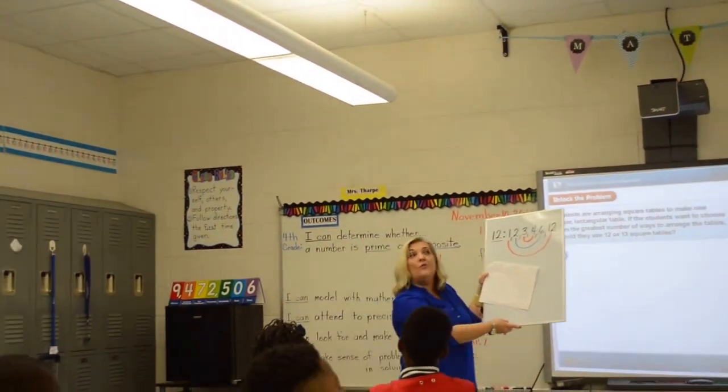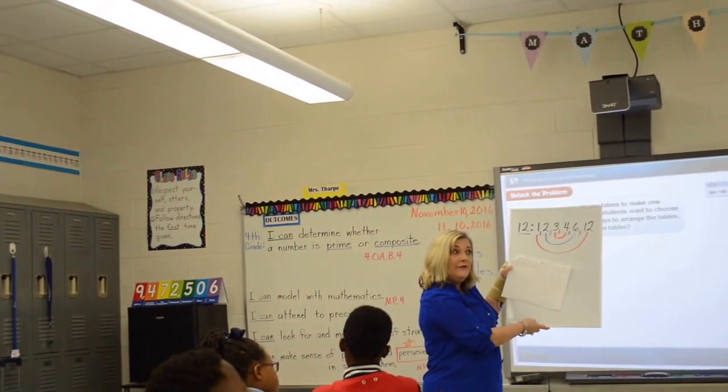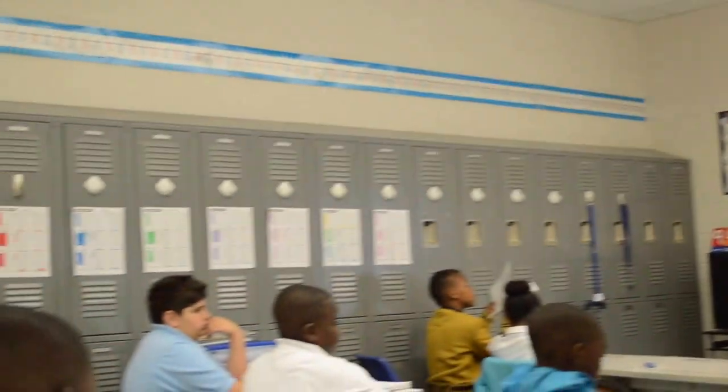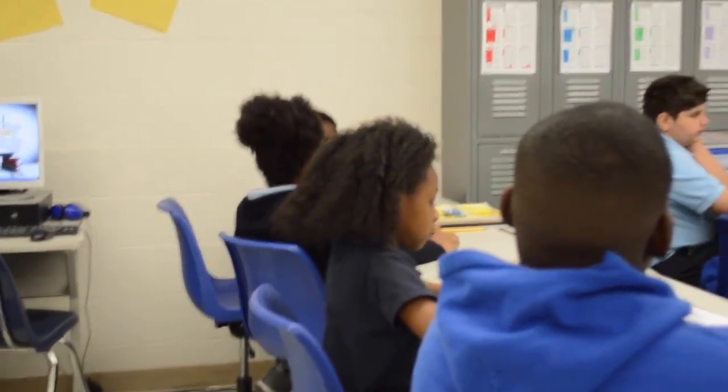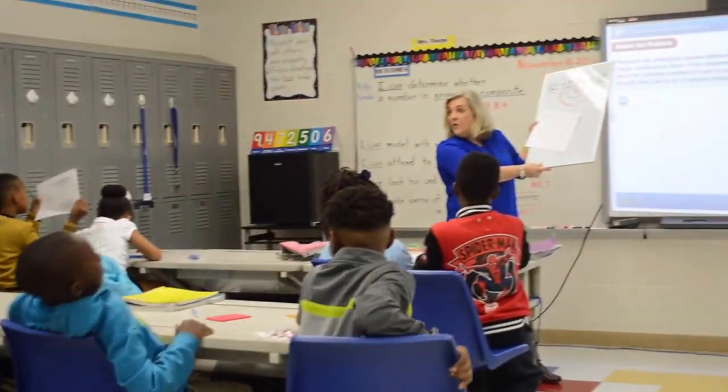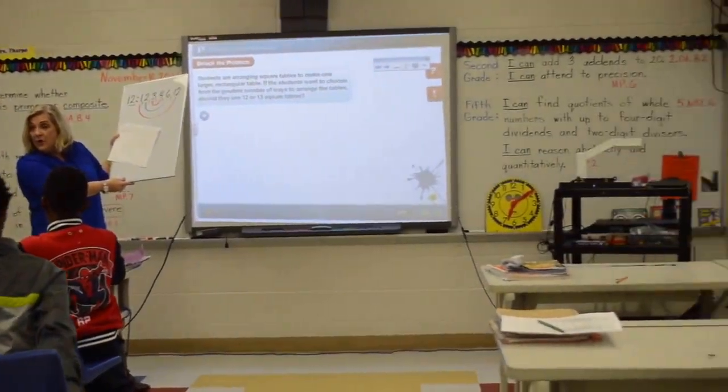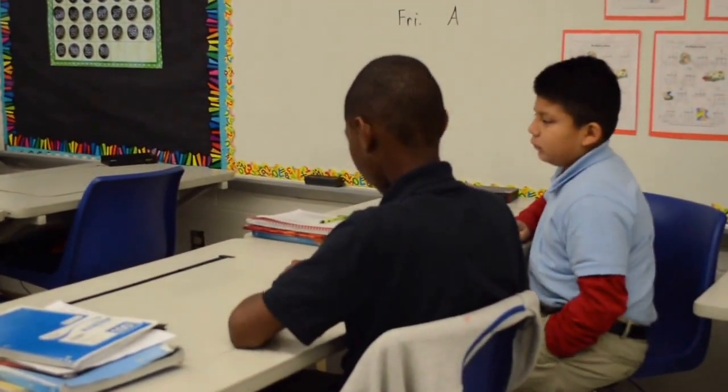And how many arrays could we make with 12? We can make 3 different arrays. We could do 3 times 4, we could do 2 times 6, and we can make 1 times 12.